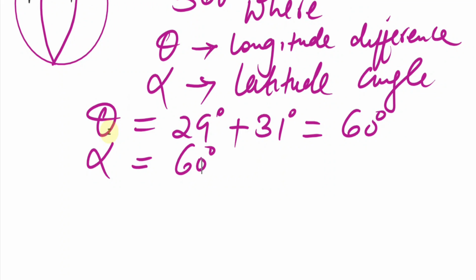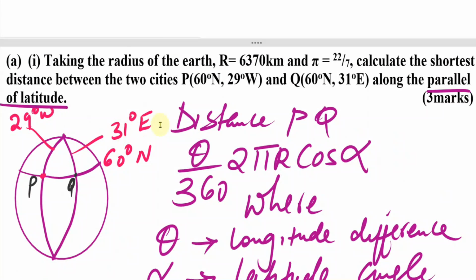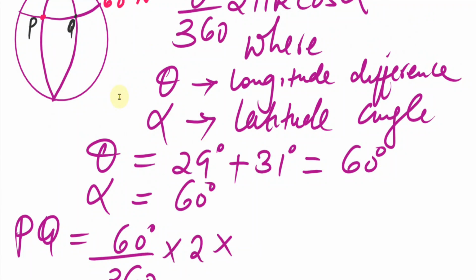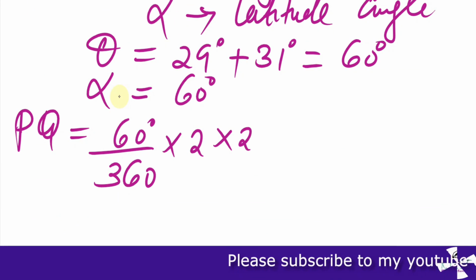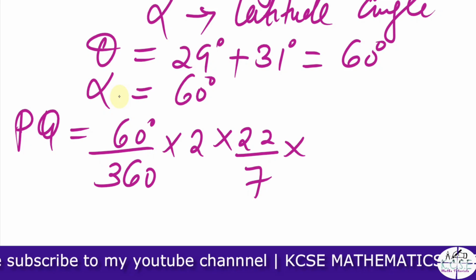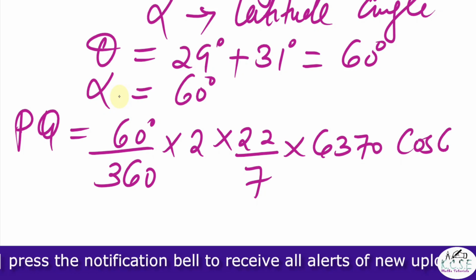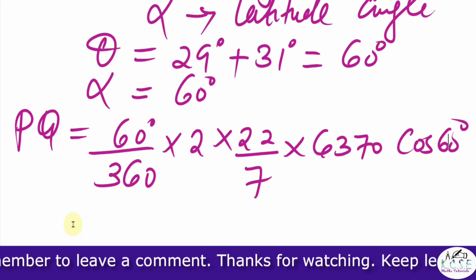So distance PQ in kilometers is given by 60 degrees over 360 multiplied by 2 multiplied by the pi we're supposed to use. We are given the pi, so you use 22 over 7, times the radius of the earth, which is 6370, times cosine of 60 degrees. That is what will give the distance in kilometers.